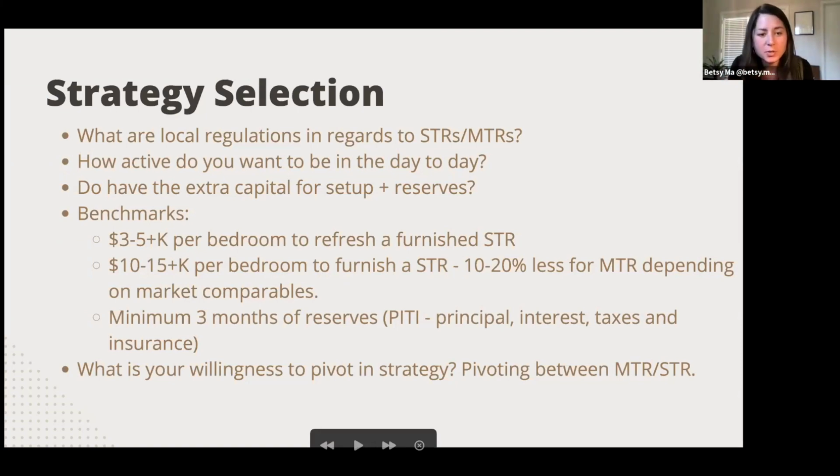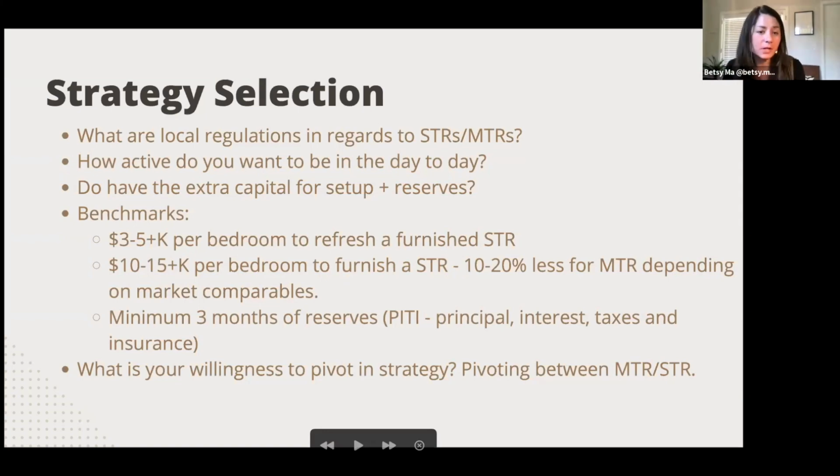So we say benchmarks. These are not cookie cutter by any means, because it varies market to market, whether you're in a mountain area, in a very saturated short-term rental neighborhood, or if you are in a more remote area where there's not a lot of options.